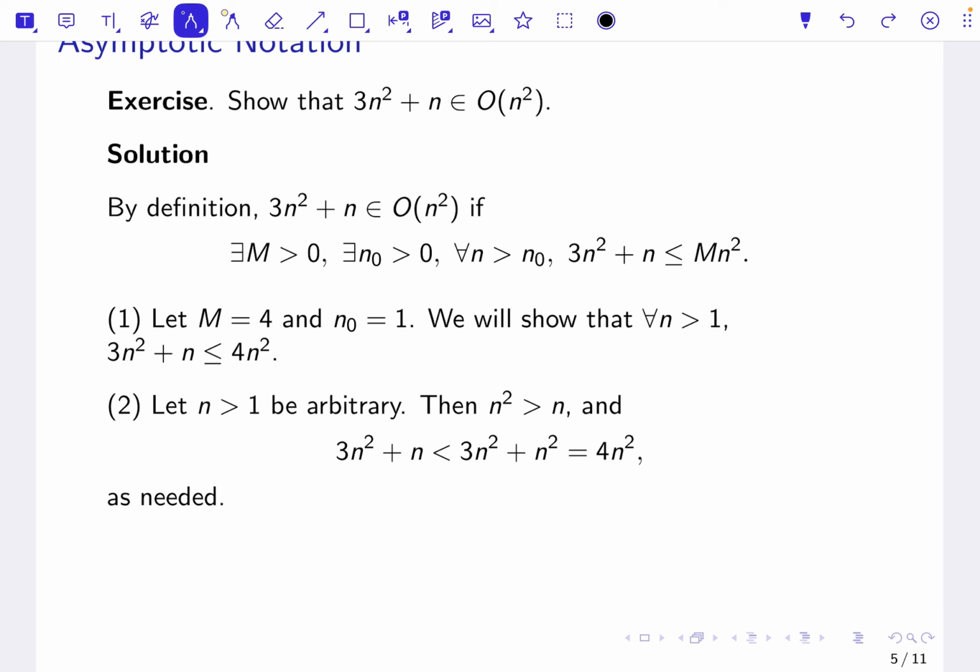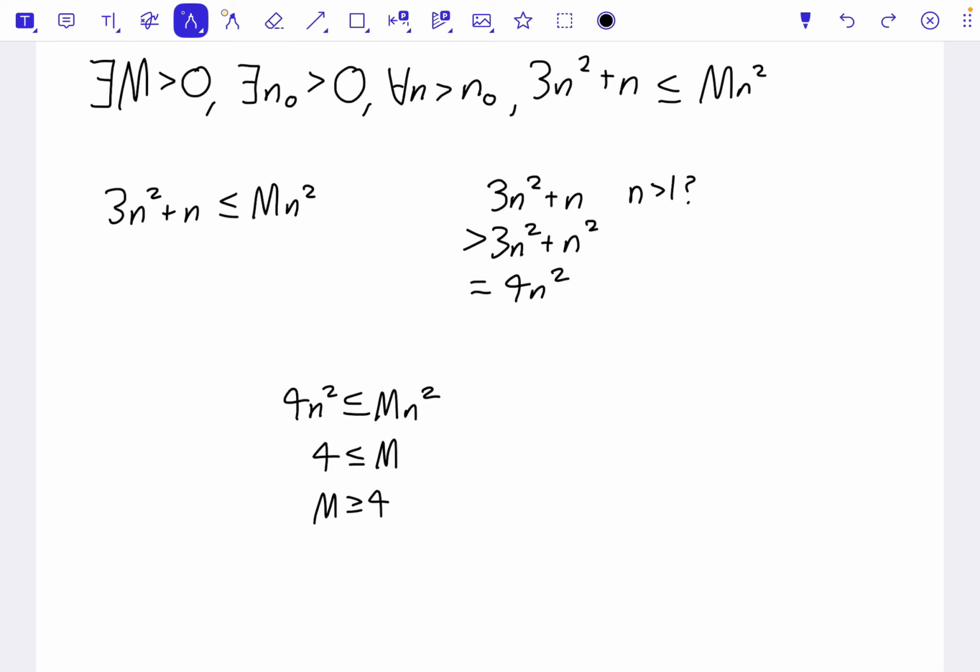In this case, it sort of does the rounding up trick here, which we get from n being greater than 1 and thus n squared being greater than n. And then the value of m we chose is just there. It's 4. It's chilling.